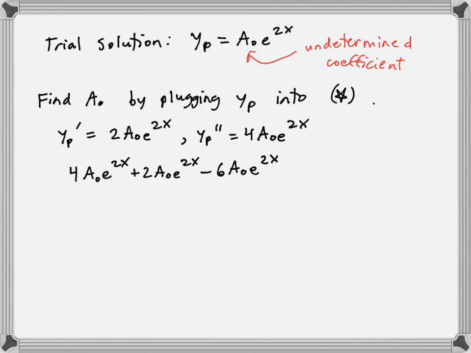All of that is going to equal 10 e to the 2x. Oh, sorry, I forgot that I changed my original problem. Remember, I changed it to a minus sign, so that should say minus there. There we go.